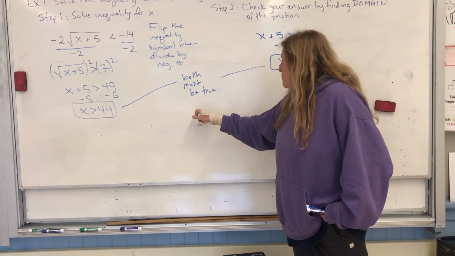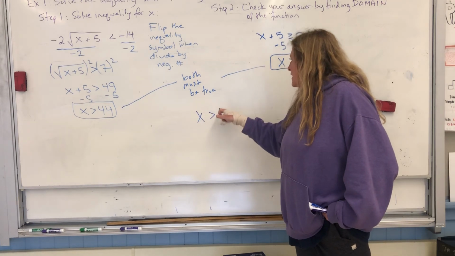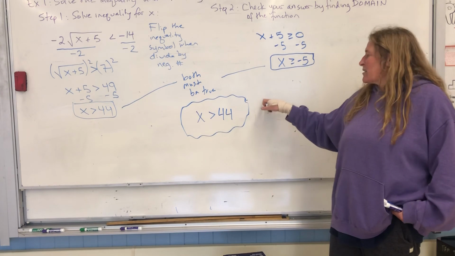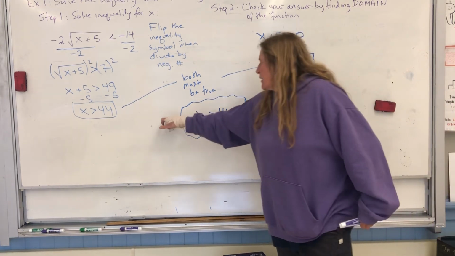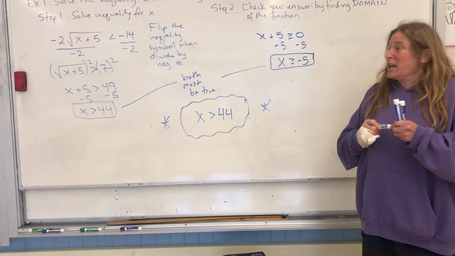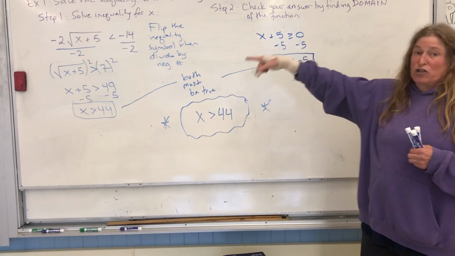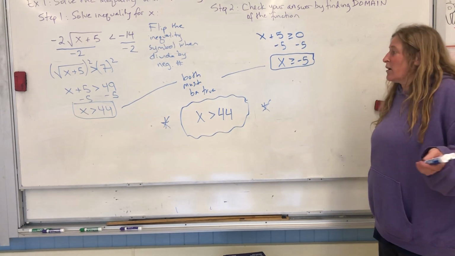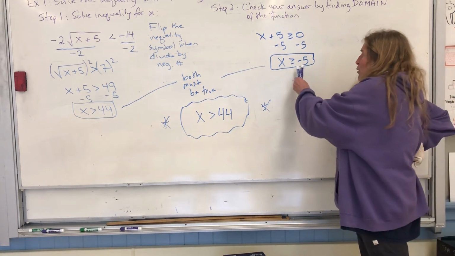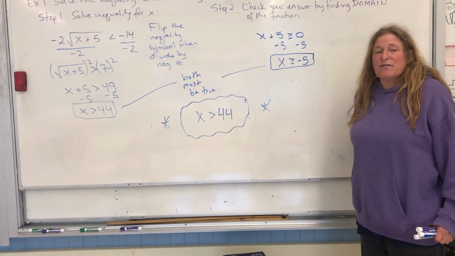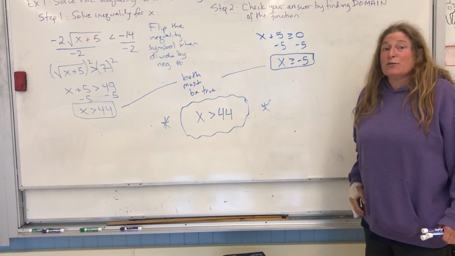So I can just combine this into one inequality by saying that x must be greater than 44. So in this case, the domain didn't actually limit my original answer, but I always have to check to make sure that it doesn't, like it did on the first one. So I always have to make sure that both of these are considered in my final answer. Okay, guys, have fun with the practice problems. I will see you soon.